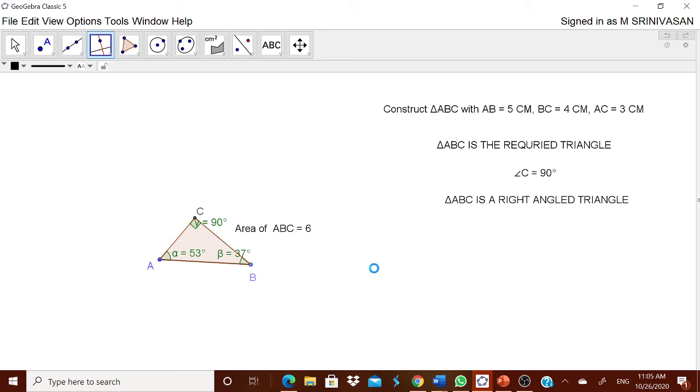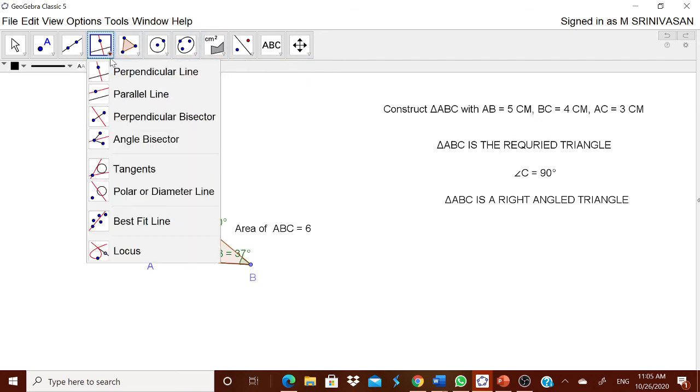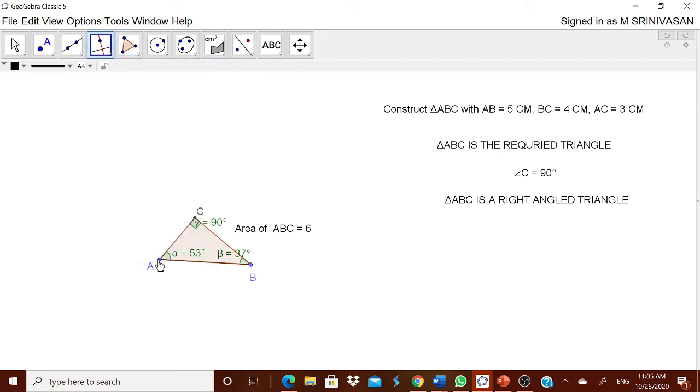Okay, now you can ask another child. Let us take BC as the base. Let us try to draw one perpendicular from this vertex A to the base. Oh, once again you got 3 as the altitude. Therefore, once again the formula half into 3 into 4, you know the answer. Therefore, the answer is 6 centimeter square.